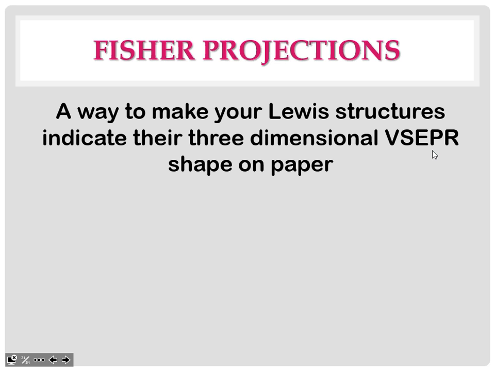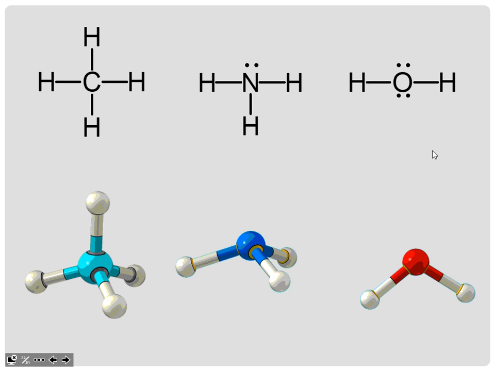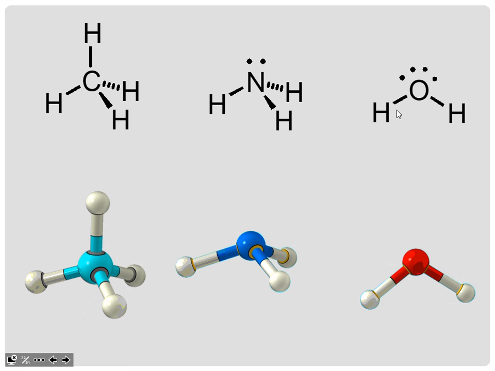Now, what do those mean? That's the big thing. What do those mean? Well, our Lewis structures are two-dimensional because they're on a piece of paper. So how do I signify that there's a three-dimensional shape? Here's the shape of ammonia here. Here's the shape of water here. So how do I signify those when I'm only using two dimensions?